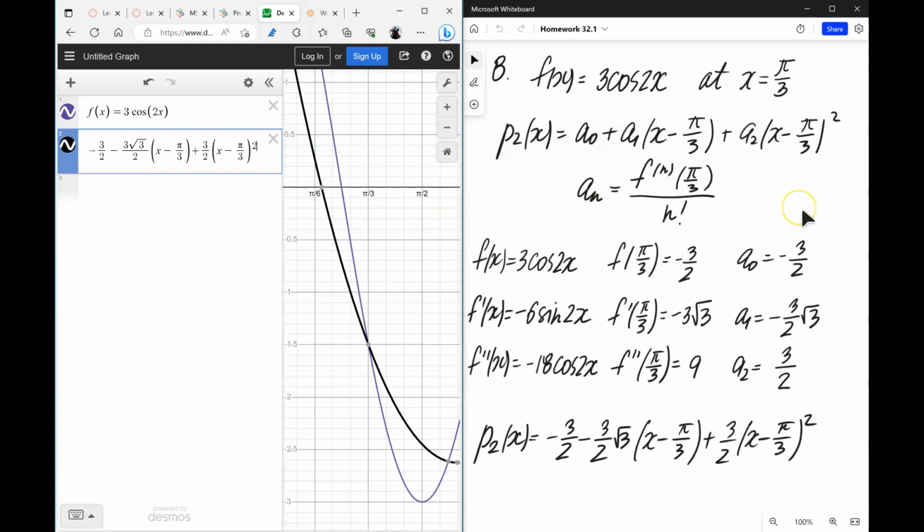Oh my god. 6 times 2 is 12. So there is no 18 here. It's 12. So there is no 9 here. This is 6. So there's no 3 halves here. This is 1. Still not correct.